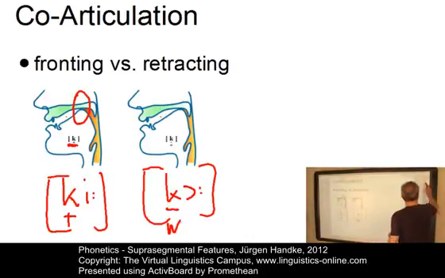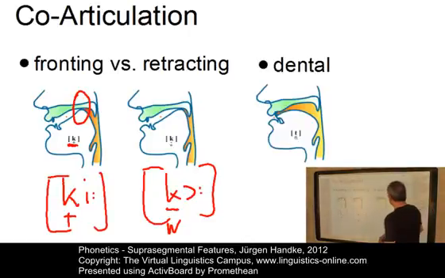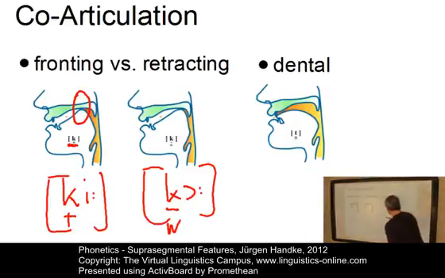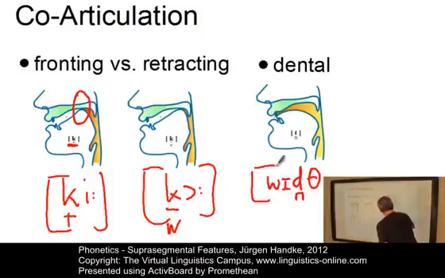Now in another example we have a dental effect, for example in words such as width in present day English. You would have an effect of the fronting of the d, width, because the word final dental fricative automatically leads to this fronting effect, making the alveolar plosive, resulting in a dental articulation.